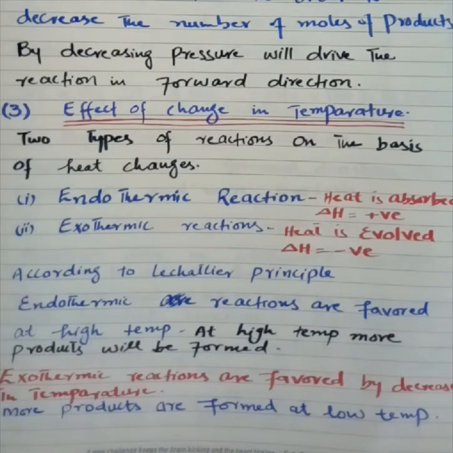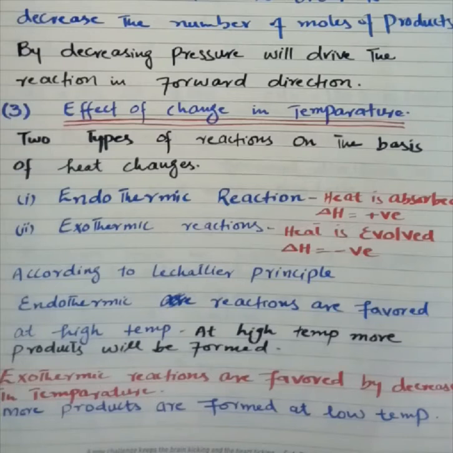Now according to Le Chatelier's principle, endothermic reactions are always favored at high temperature. That is, when we increase the temperature of the system, it will move in the forward direction, and exothermic reactions are favored by a decrease in temperature. That is, when we decrease the temperature, the reaction will move in the forward direction.